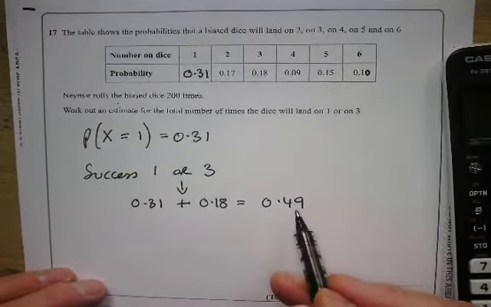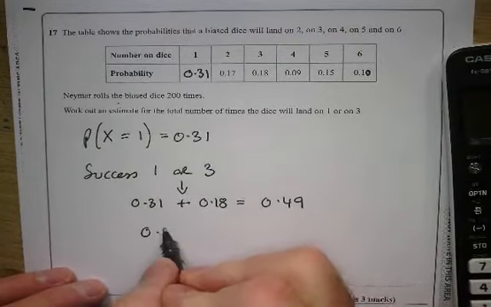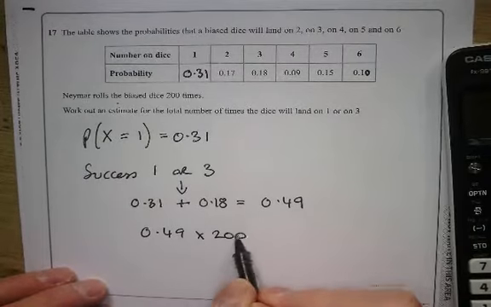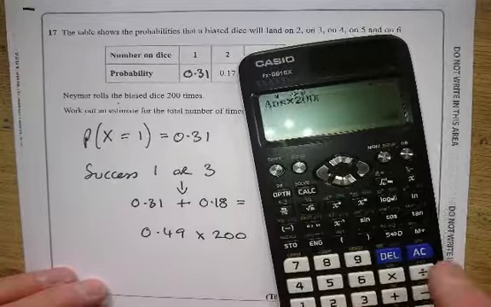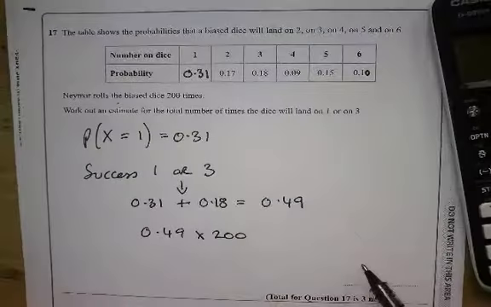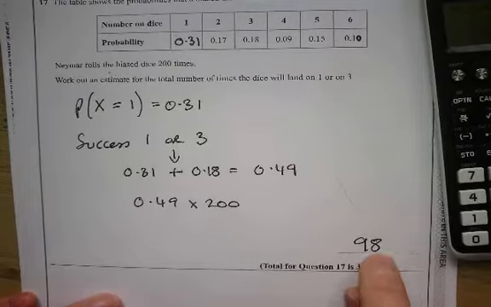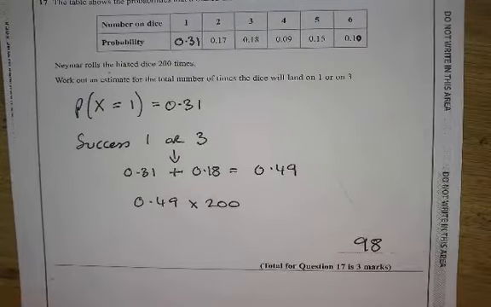For each throw, I have almost half a chance of getting a 1 or a 3. So if I've got 200 of these, simply times by 200, and it comes out at 98. So I'd estimate to get 98 1s or 3s.